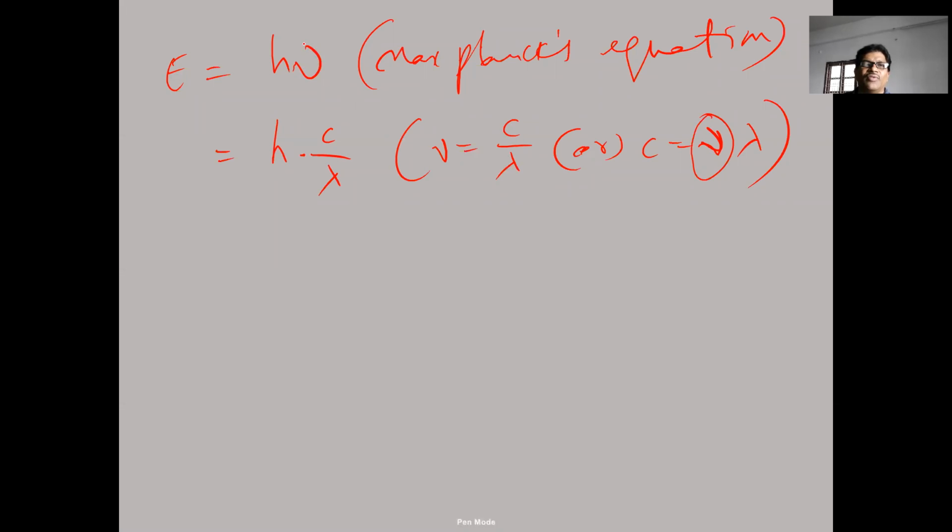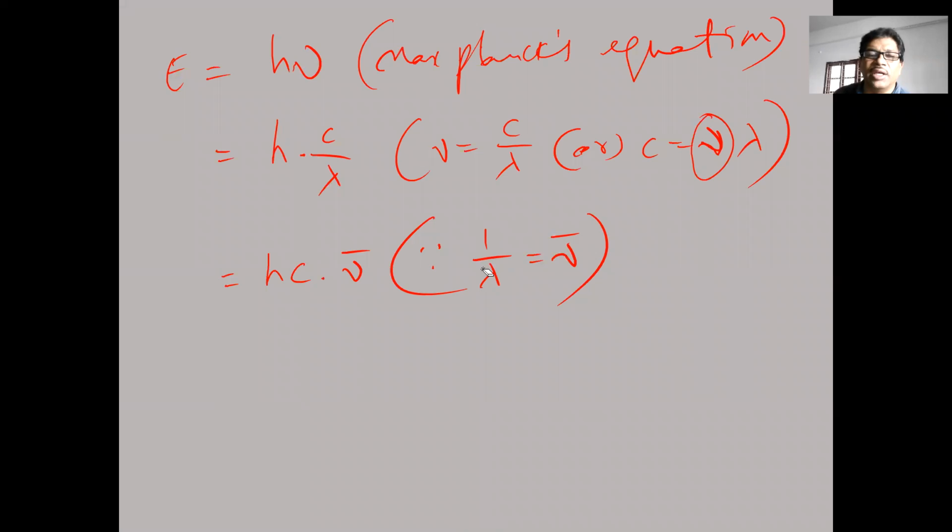So in place of nu we write c by lambda, and E equals hc by lambda, which equals hc into nu bar, since 1 by lambda is nu bar. The inverse of wavelength is wave number. So 1 by lambda equals nu bar, therefore we write hc into 1 by lambda, hc into nu bar.